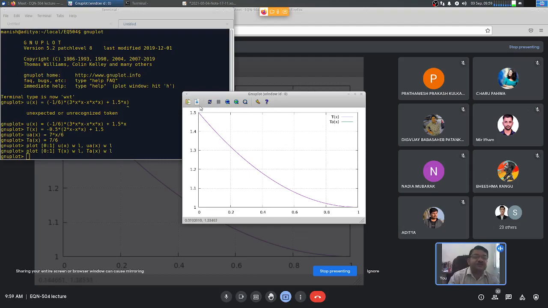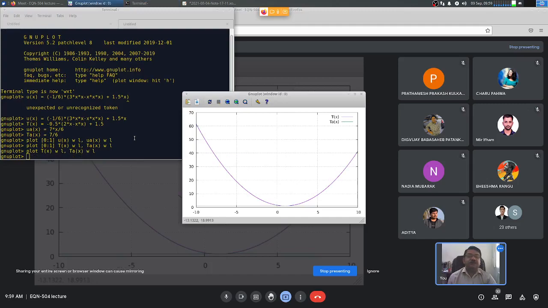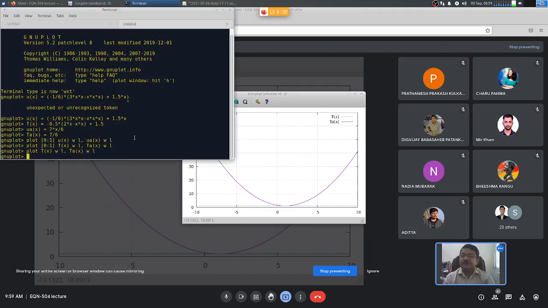So axial thrust is of course varying like this, ranging from 0 to 1.